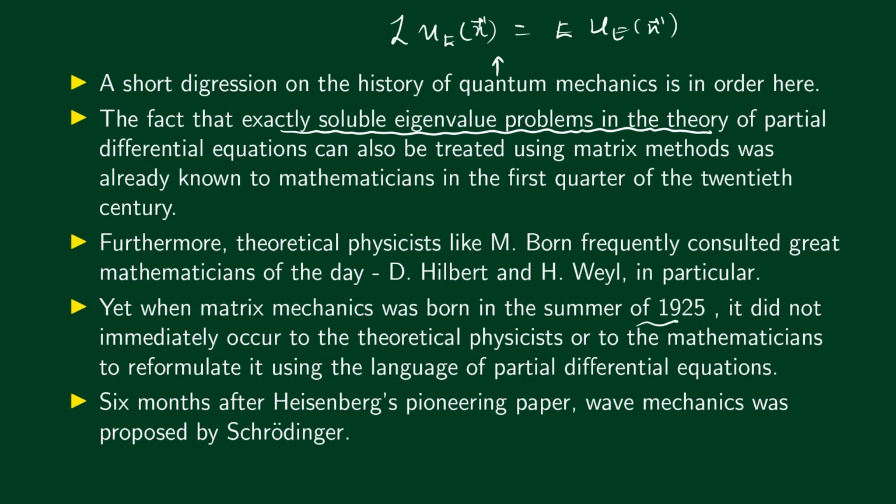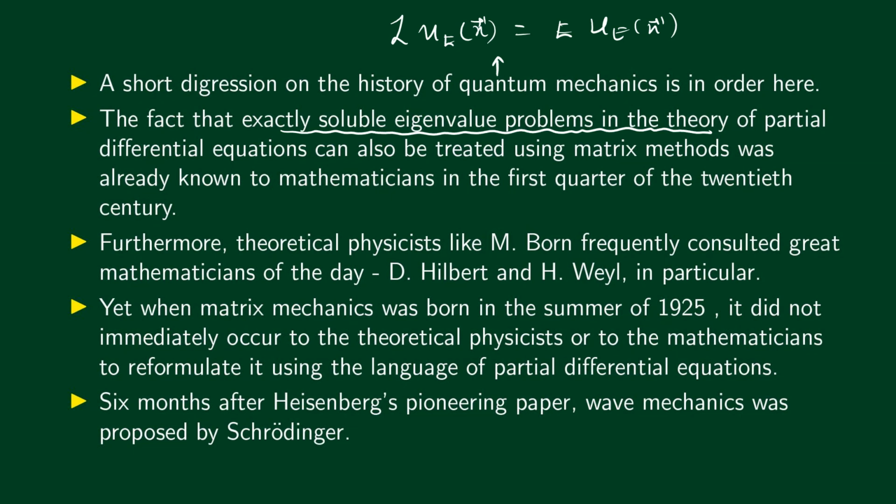We had matrix mechanics in 1925 and wave mechanics came later. So when Heisenberg came up with his matrix mechanics, which essentially involved solving eigenvalue equations, it did not occur to the theoretical physicists that this can be reformulated using partial differential equations. If someone was sufficiently mathematically informed at the time, they could have immediately written down the same things in the language of partial differential equations.